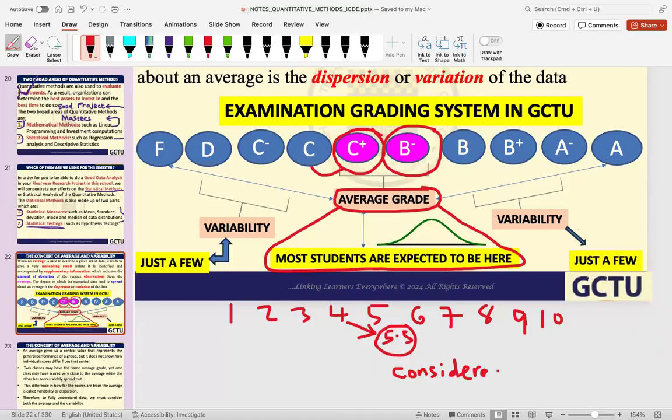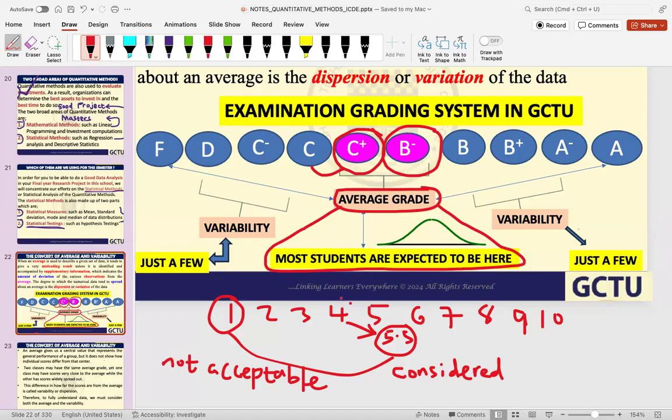On the other hand, if instead of 5.5, you end up getting 1, this is not acceptable because you've gone way below the target, and nobody will accept this. So any drastic measures can be taken against you.